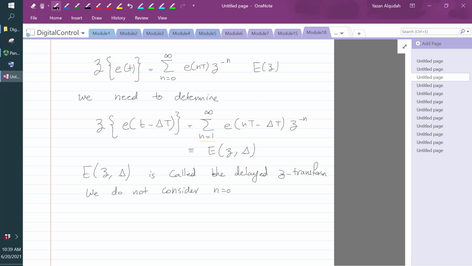And that is because we assume that E of t is equal to 0 when t is less than 0.